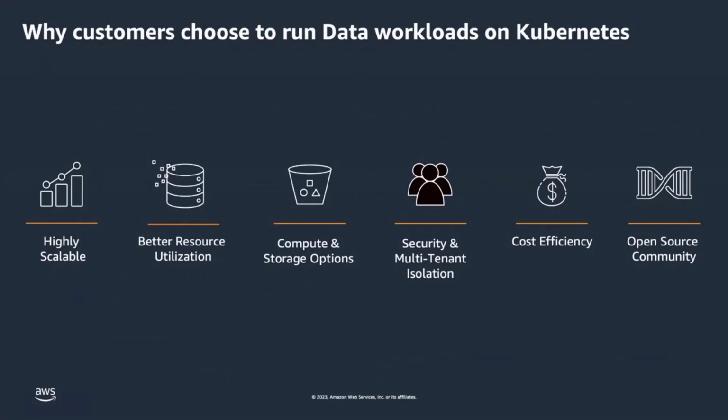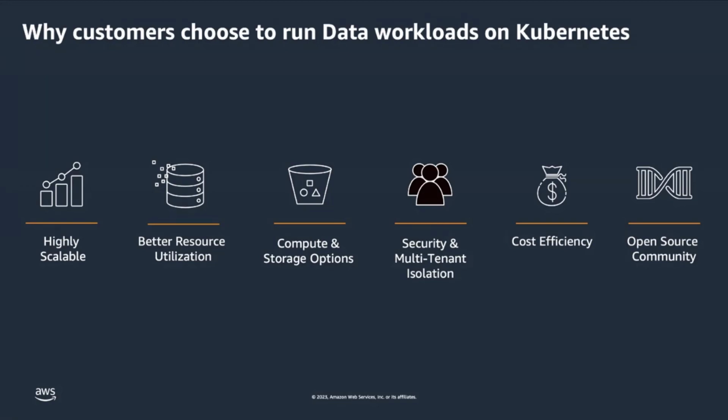So why are customers choosing to run data workloads on Kubernetes? You'll see that this maps a little into the broader ecosystem trend. One of the reasons why folks choose Kubernetes is that it's highly scalable. It has the ability to run up to thousands of nodes, with a lot of parallel executions.